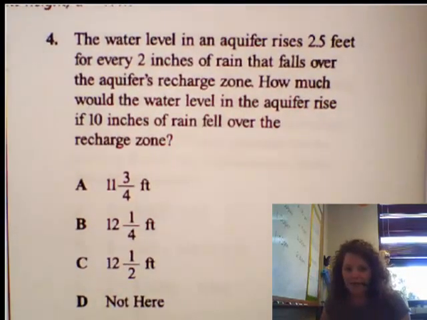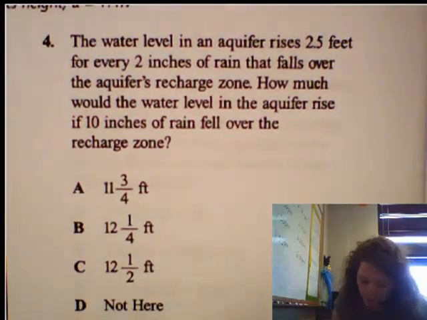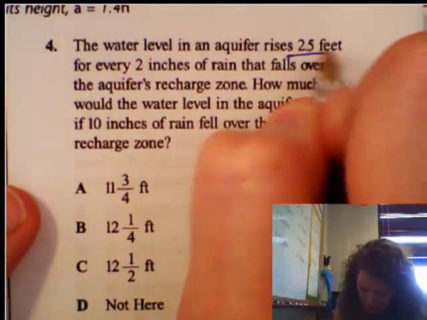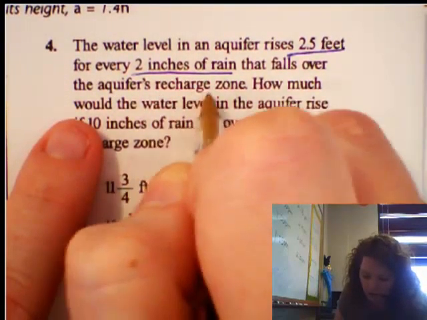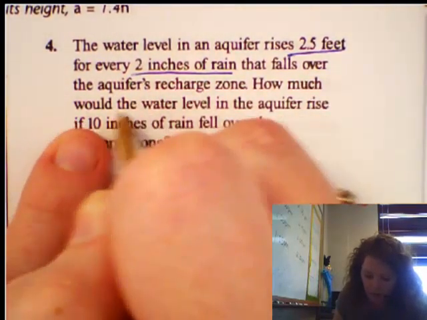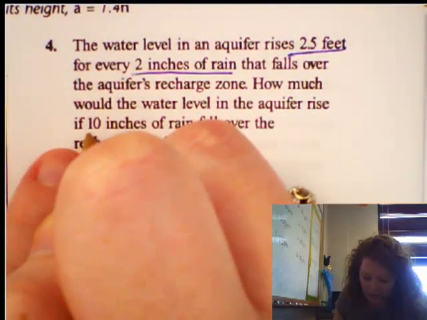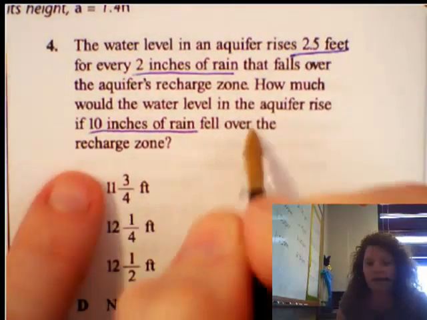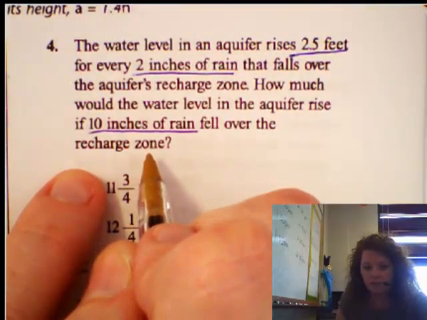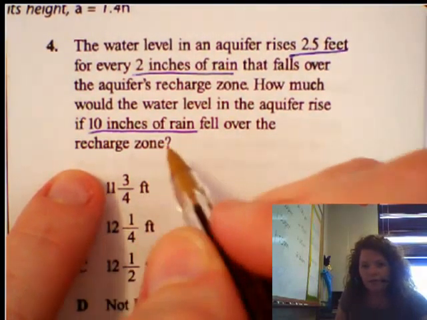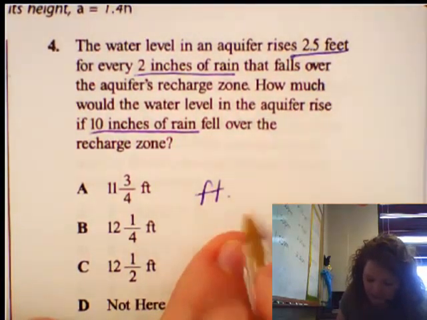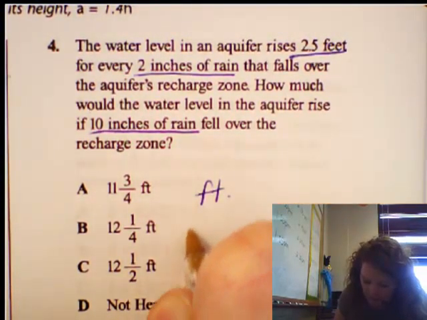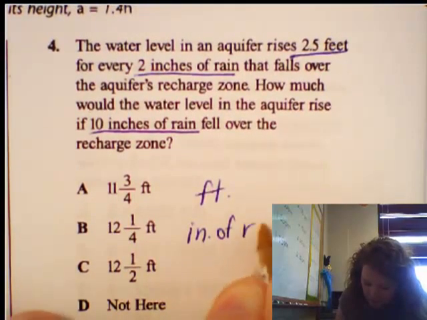The water level in an aquifer rises 2.5 feet for every 2 inches of rain that falls over the aquifer's recharge zone. How much would the water level in the aquifer rise if 10 inches of rain fell over the recharge zone? Okay, let's look at what we're comparing here. We're comparing the feet that it rises over the inches of rain.